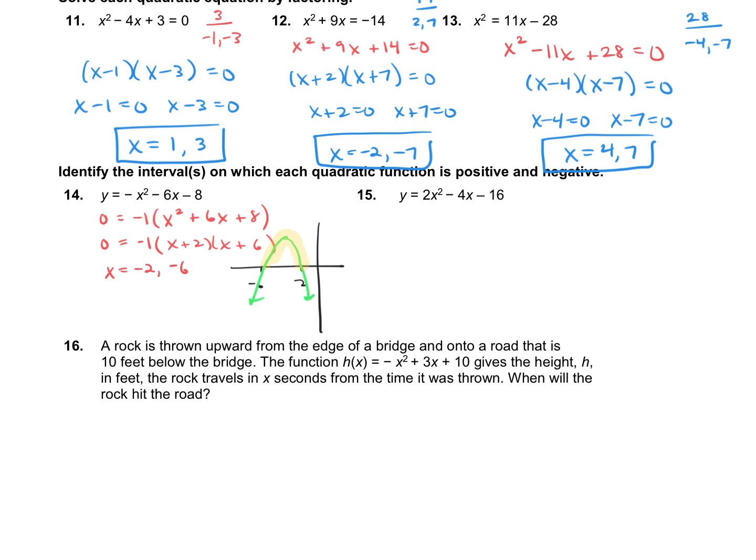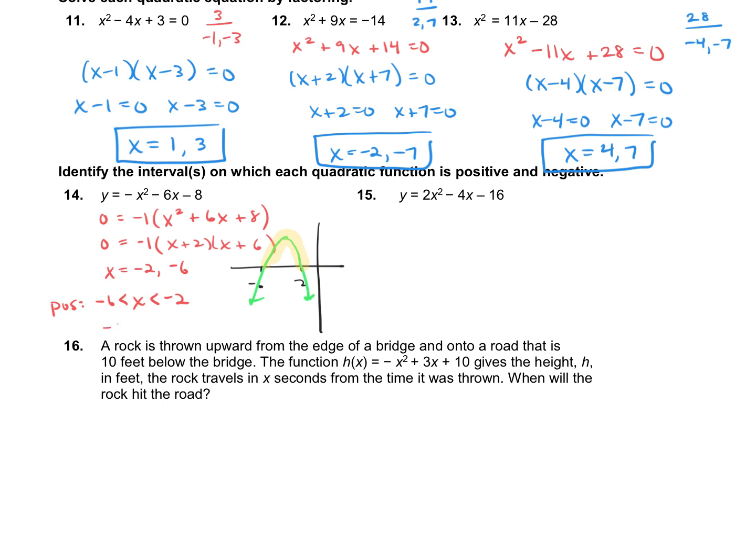So how we would write that, let's see, we could write it two ways, I guess. Negative 4 is less than x, which is less than negative 2. Again, I used less than. I didn't use the or equal to bar because we want to know when a graph is positive means actually above it, not negative below it. You also could write that in interval notation.